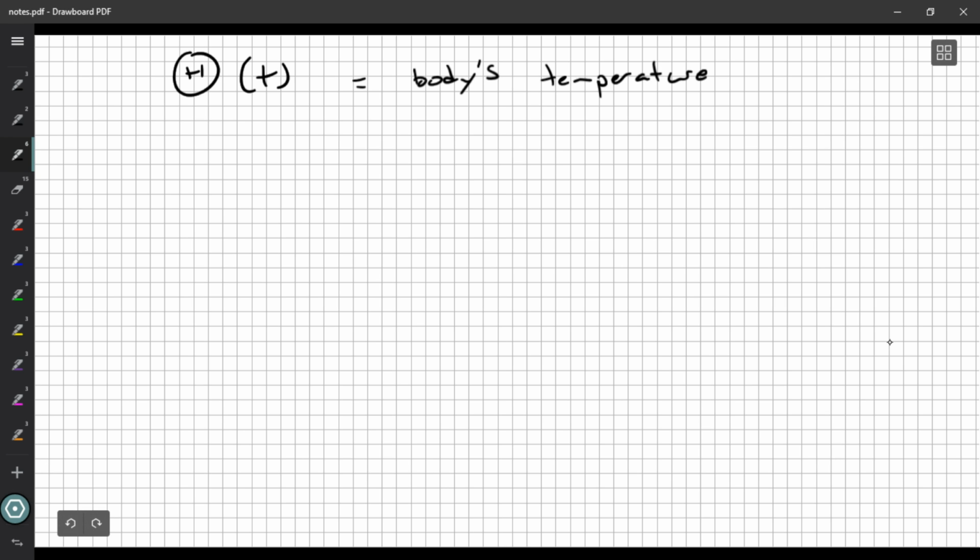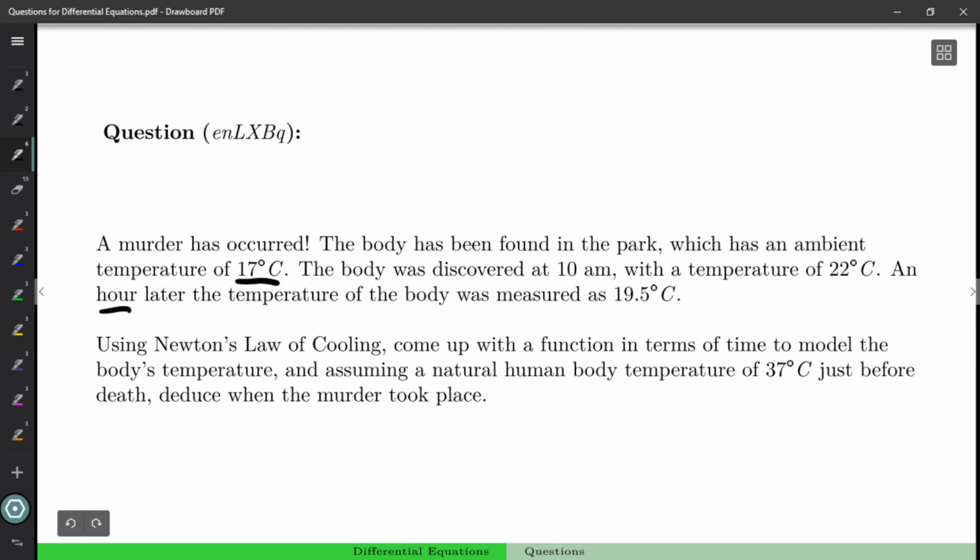We could do one of two things. We could say at time T after the murder, or we can say after, what is it? We only mentioned hours in the question. Yeah, it's 1 hour later. So we'll measure in terms of hours.